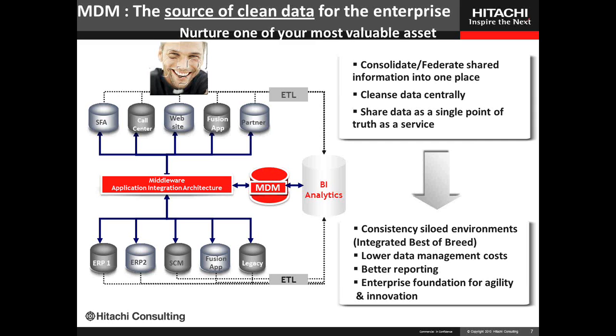You can use this information to feed back to your source system to make sure they have the golden record of either the customer or the product. So the source of clean data for the enterprise, that's what we call MDM. And MDM is one of the most valuable assets.